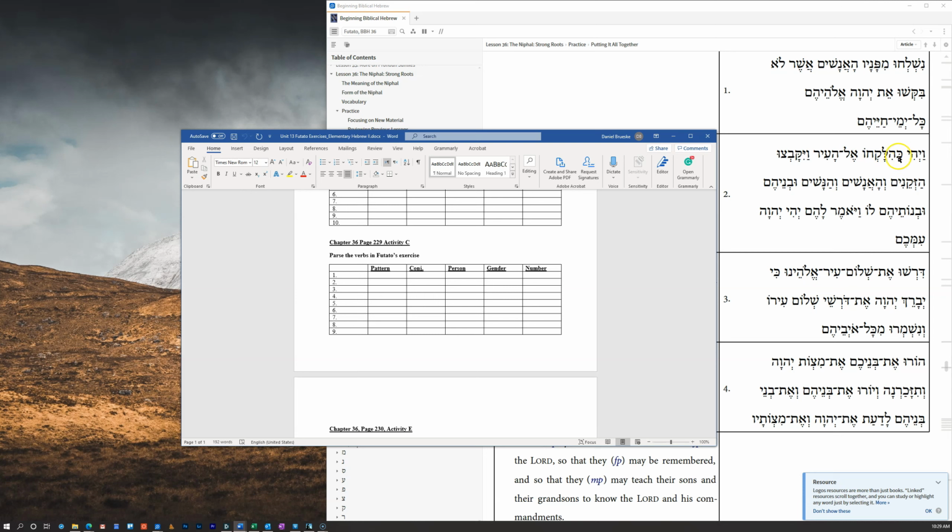So usually when you've got a kaf preposition attached to an infinitive construct, kaf is indicating some sort of contemporaneous time element. So we usually translate this as when or while. So you could say, and it happened when took him.